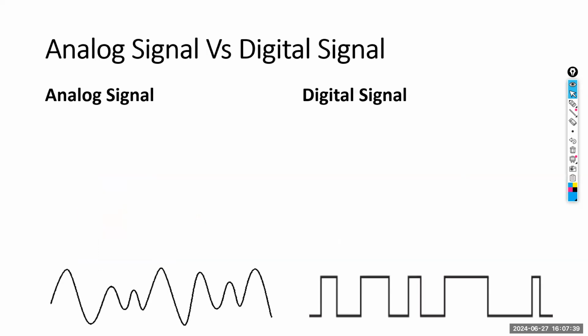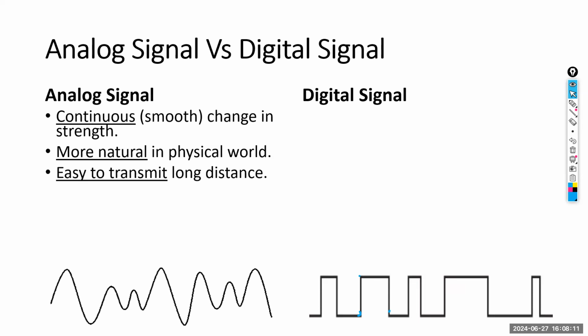Analog waves are continuous waves; they continuously, gradually change the energy level. But with digital signals, all of a sudden the energy level goes from one level to the other and comes back. So there is a difference between analog and digital waves.